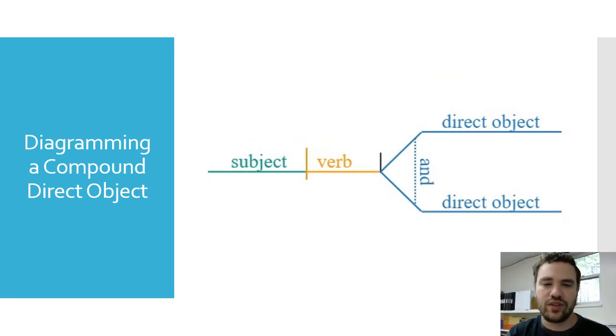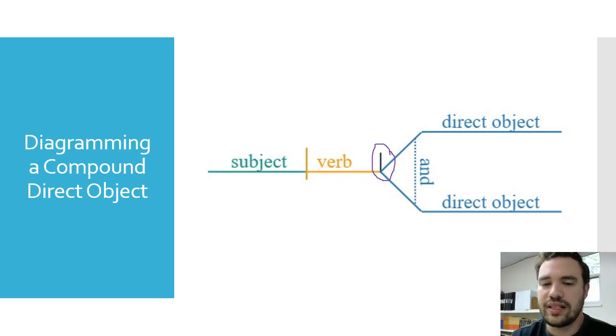A compound direct object would be diagrammed on the rocket ship shape structure, just like we would diagram any other compound part of speech. It's just going to come after this vertical line that stops, all right? That's where the rocket ship shape structure would be.